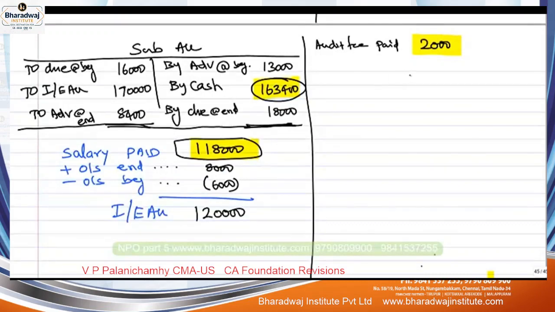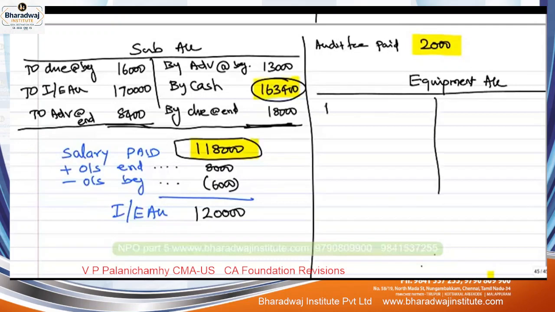What is the next one we have to work out? You can prepare equipment account, or you can prepare a statement also. To balance brought down. What is opening balance? 52,000. They provided depreciation also. What is the depreciation? 7,000.